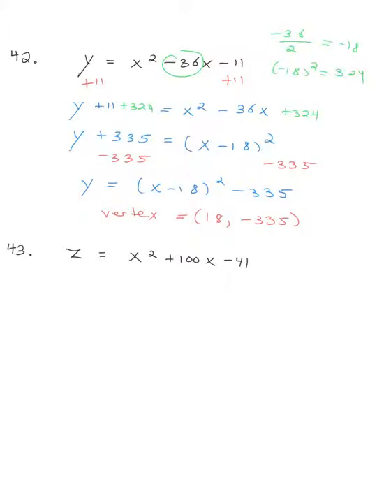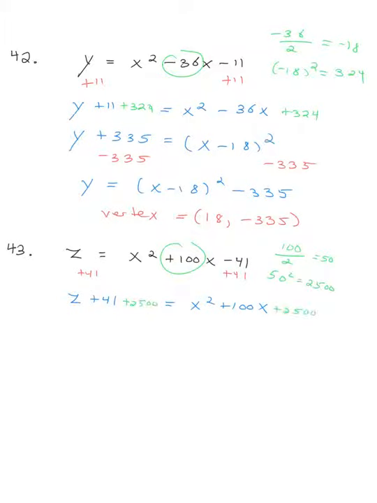Okay, this one's z instead of y, not that that really matters, but same thing, I'll add the 41 to both sides. This changes to z plus 41 is equal to x squared plus 100x. I'm focusing on this 100 because half of that is 50, and 50 squared is 2,500, that's right. That's what I'm adding to both sides of my equation, 2,500.